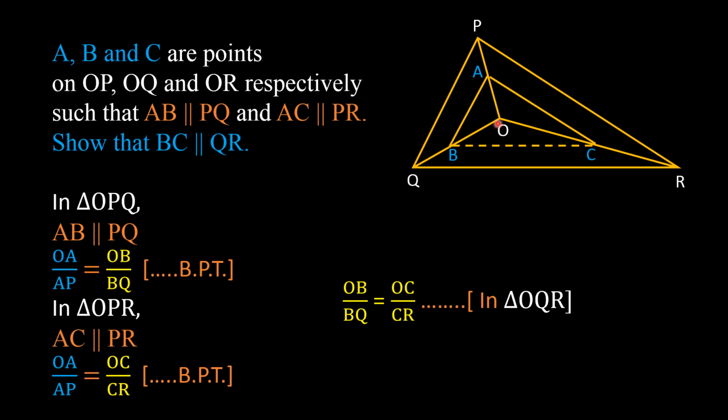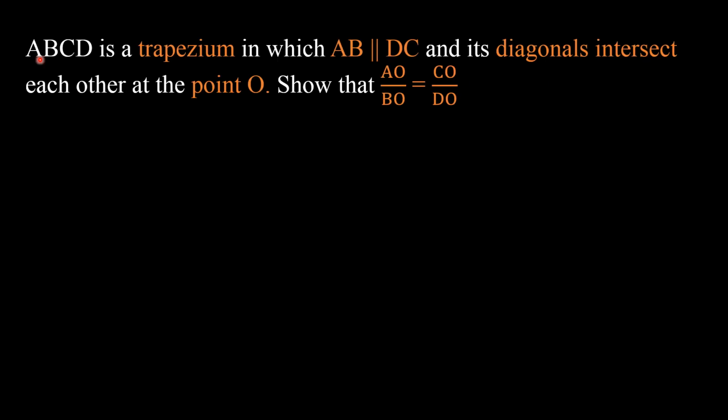See here, in triangle OQR, we have OB divided by BQ equals OC divided by CR. So, according to the converse of the basic proportionality theorem, we can write BC parallel to QR.